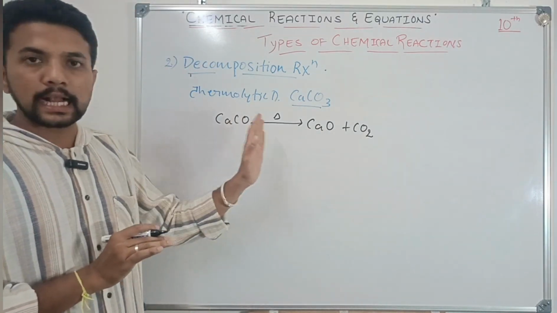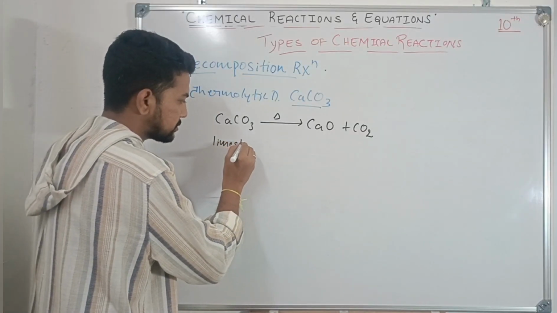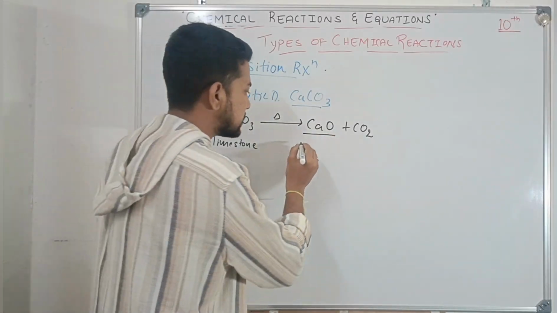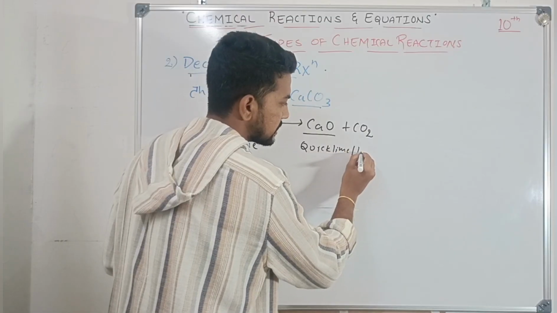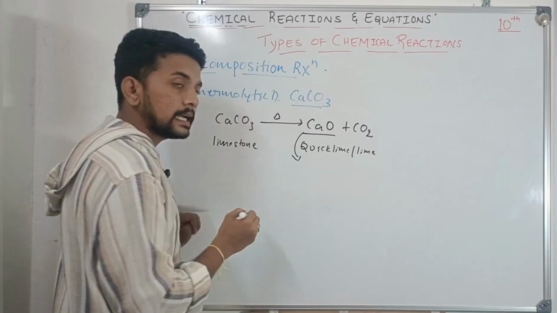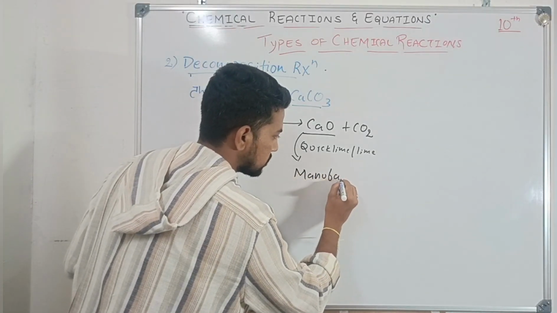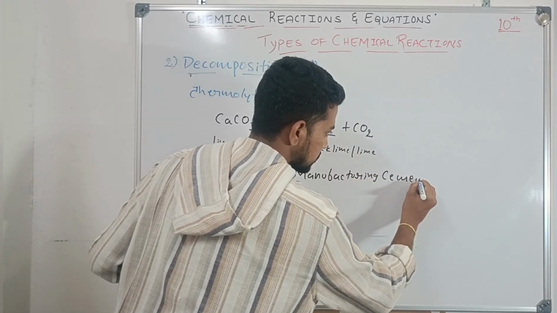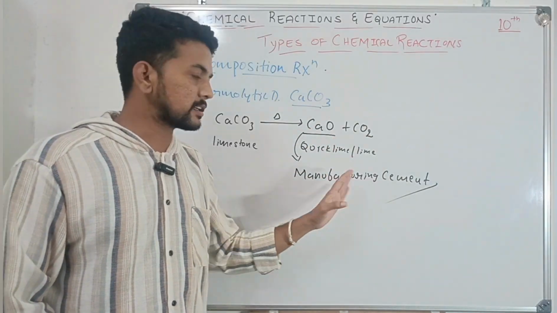Calcium carbonate is also called limestone, and calcium oxide is also called quicklime, or generally lime. This calcium oxide is used in the manufacturing of cement.